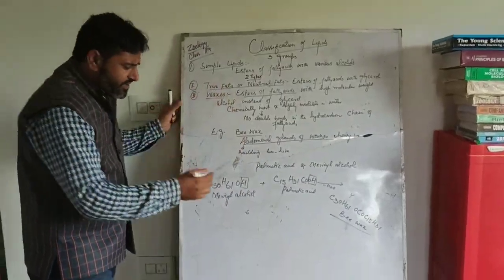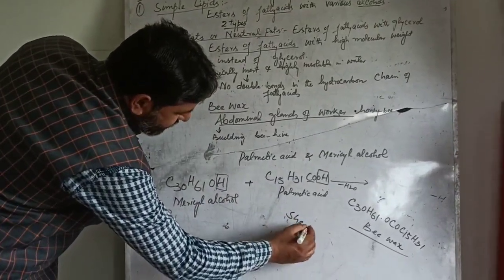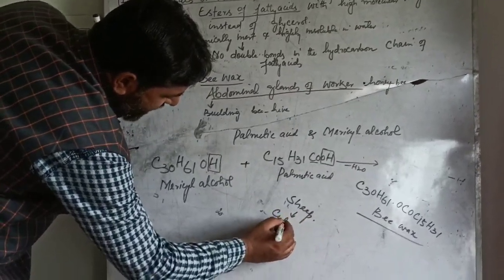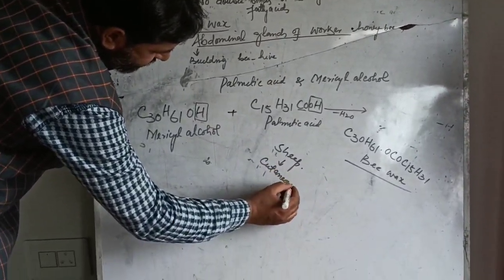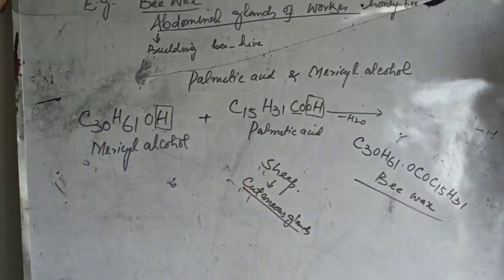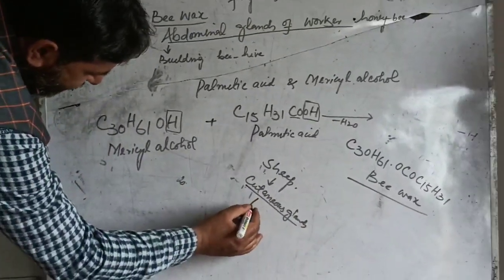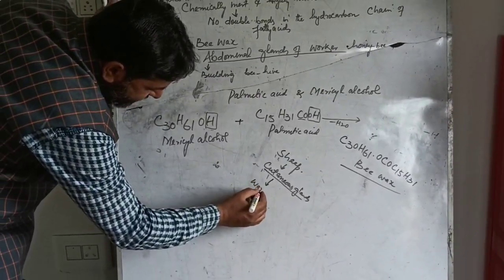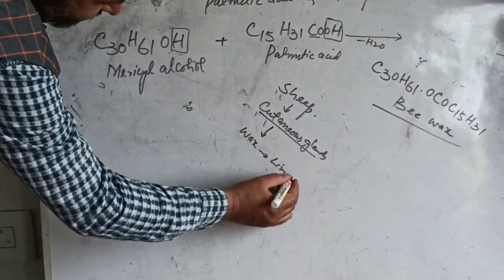Similarly, in some other animals such as sheep, they have cutaneous glands. These cutaneous glands are also sebaceous glands. These glands produce a wax known as lanolin.